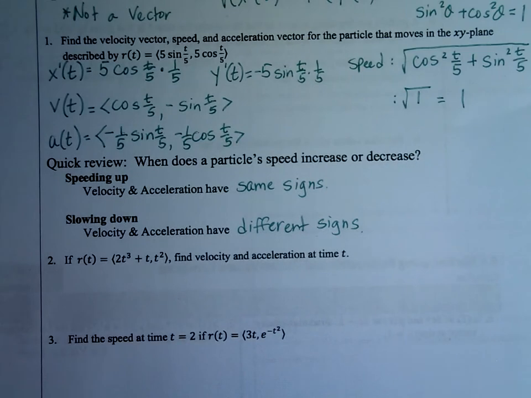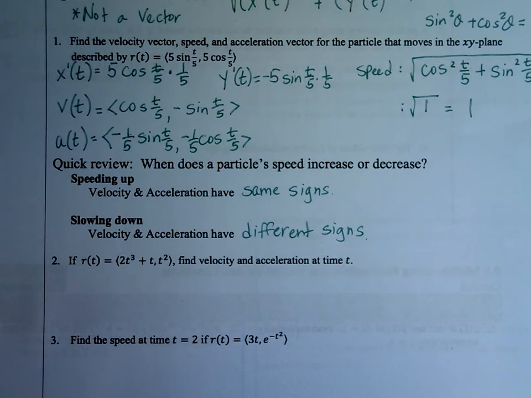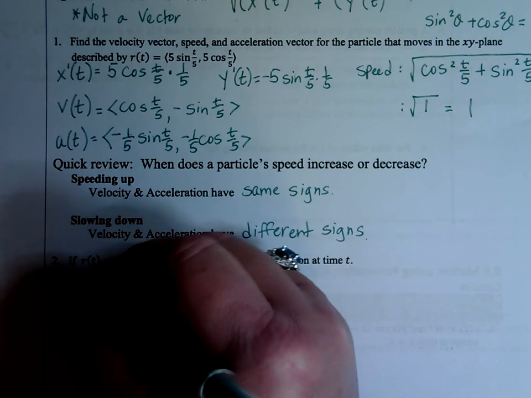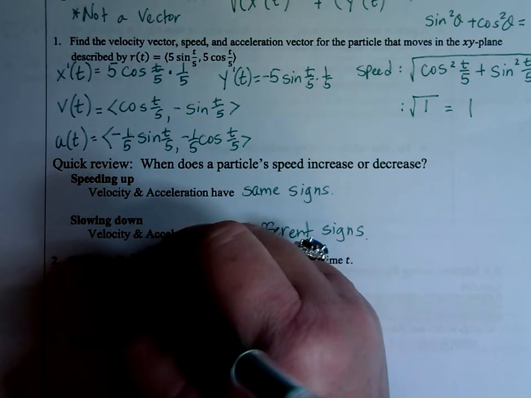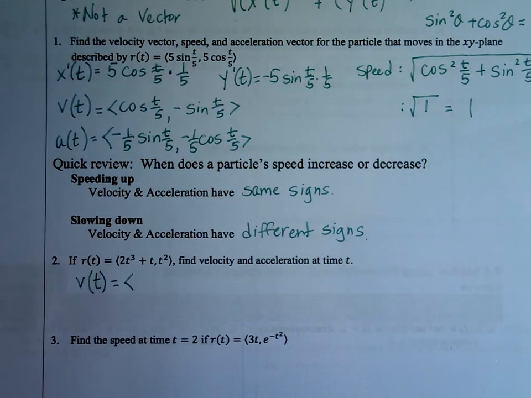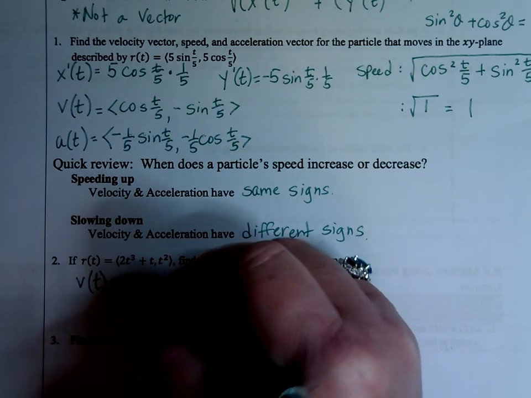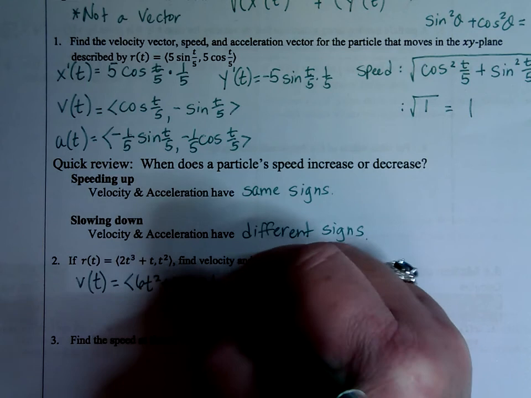Number 2, if r of t is this vector, find the velocity and acceleration at time t. Okay, so let's find velocity first. This one's easy peasy. The derivatives of these are just quick little polynomial things. So 6t squared plus 1, and 2t.